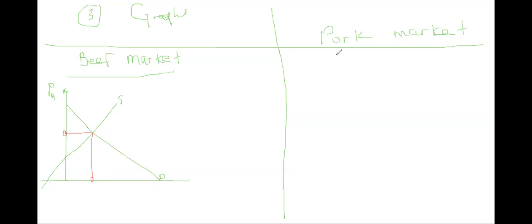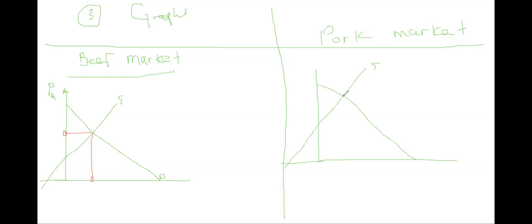So here in the pork market, the same thing will apply. In the pork market it is the same scenario, where we will have this as the supply, and then we have demand.